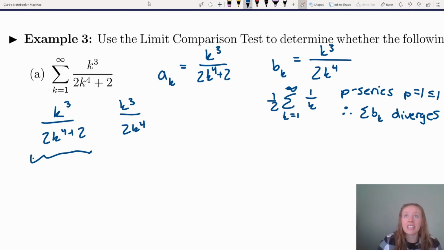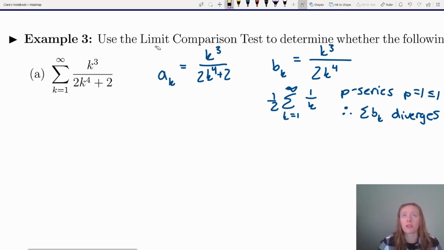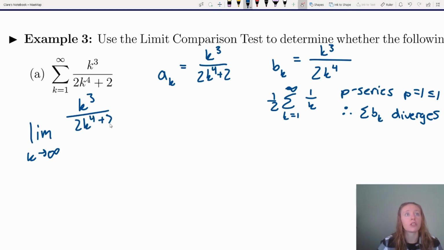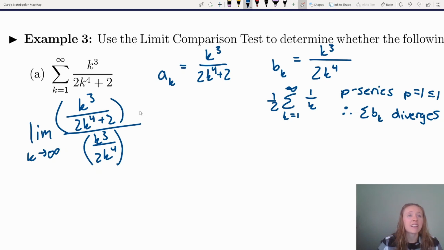So, without even needing to show whether one series is bigger or smaller than the other, we'll just take the limit of a sub k over b sub k, which is k cubed over 2k to the 4th plus 2, all over k cubed over 2k to the 4th, as k approaches infinity.